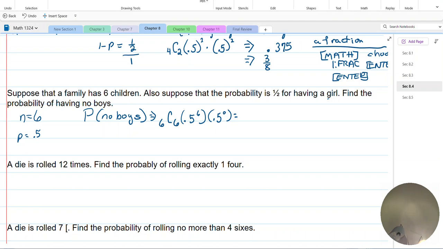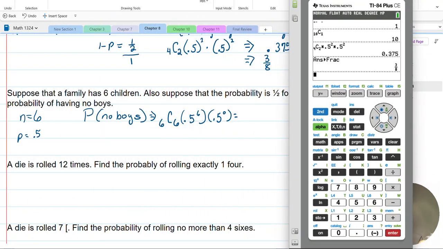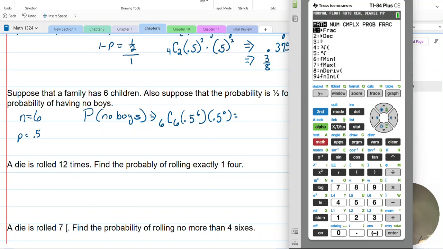Here we go. And we're going to go on our calculator. Let me clear that. 6 math, PROB, number 3, and we're choosing 6. Then we hit the side arrow to come back up, times decimal 5, then caret and 6, and side arrow to come back to normal, times 0.5 caret 0, and enter.